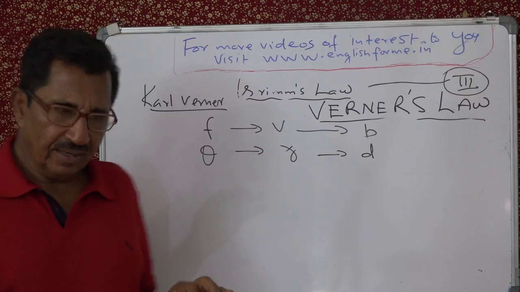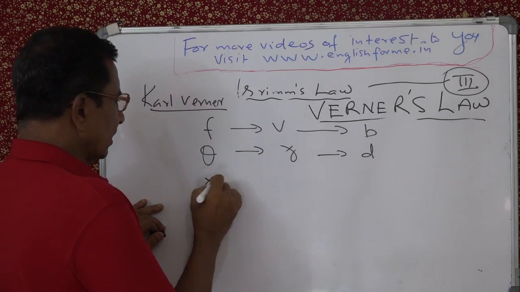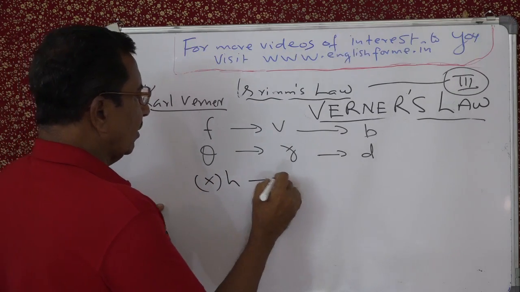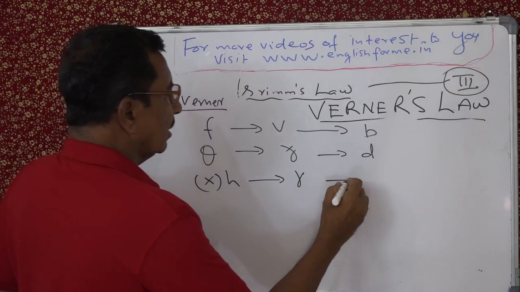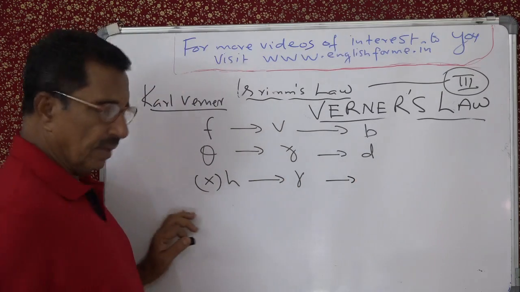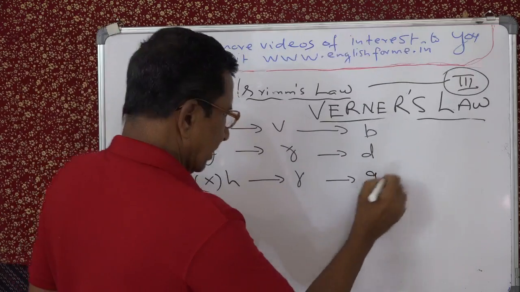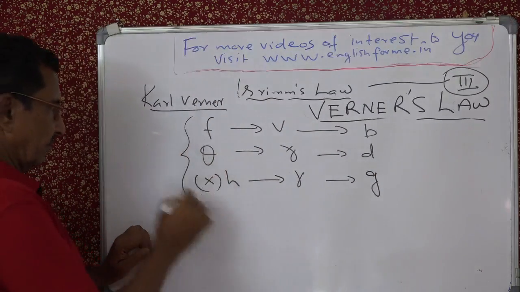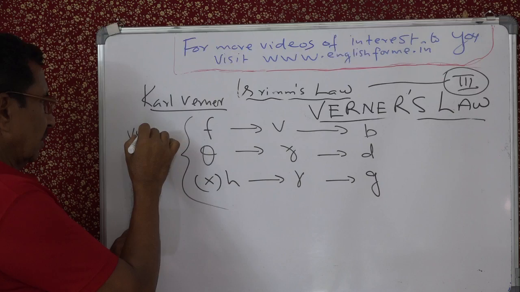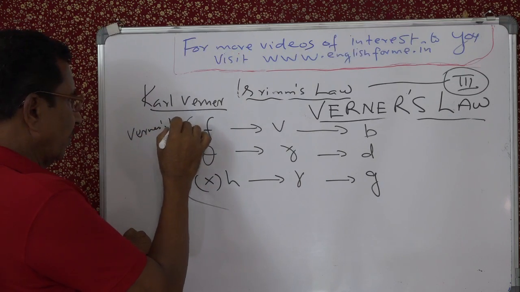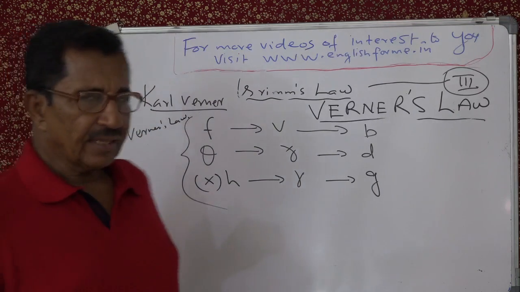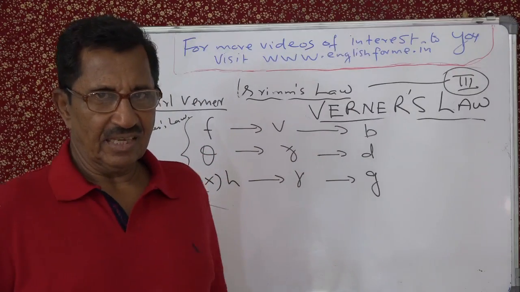And the third one is her and that becomes girl. This is Verner's law.